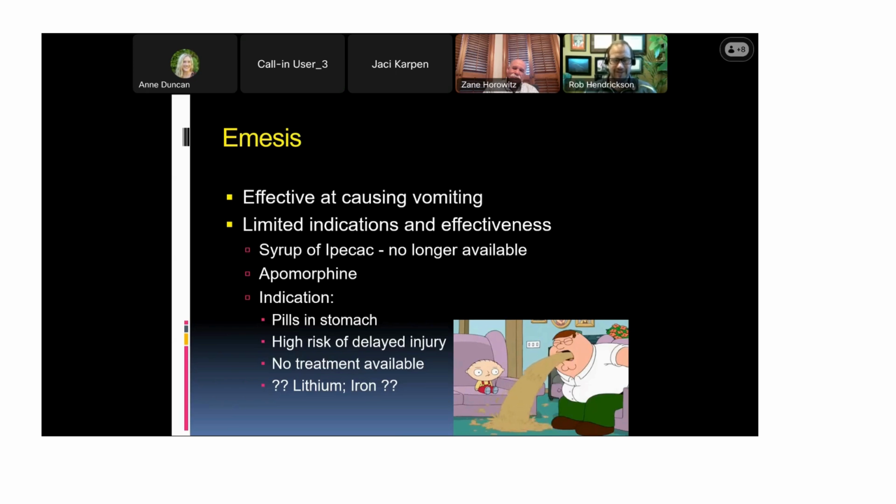If you have some X-ray with iron tablets in the duodenum, then this is not going to help in any way. I think we still keep this concept alive for two things, lithium and iron, because both of them don't adsorb to charcoal very well. But clinically, this is not an option for us because we have no syrup of ipecac at all.